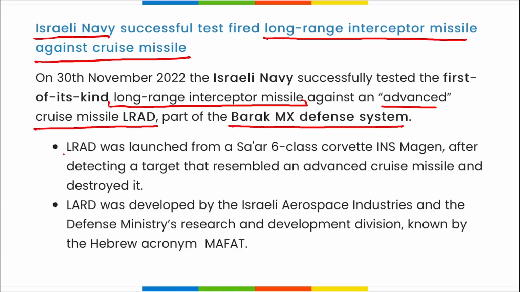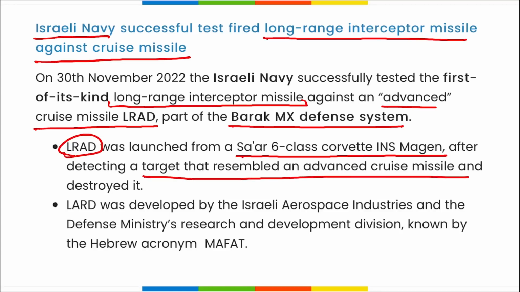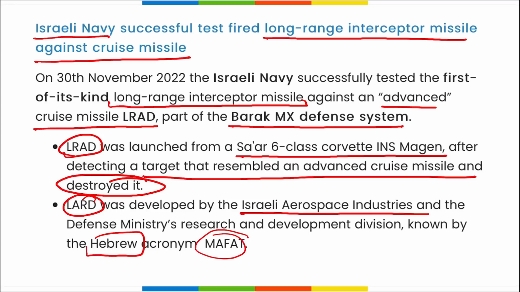This LRAD was launched from a Sa'ar 6 class corvette INS Magen, which, after detecting a target that resembled an advanced cruise missile, destroyed it. LRAD was developed by Israel Aerospace Industries and the Defense Ministry's Research and Development Division, known by the Hebrew acronym MAFAT.